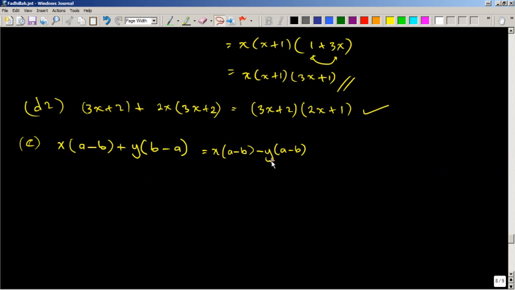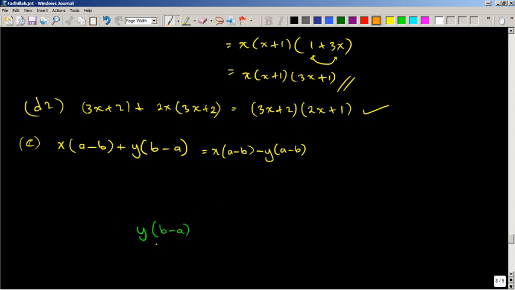How should I explain this? Let me try to figure out. Minus Y(A minus B). Hold on. Y(B minus A). Okay, I want to break it down.